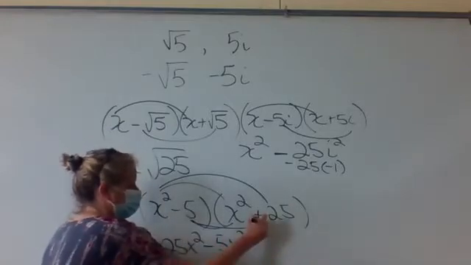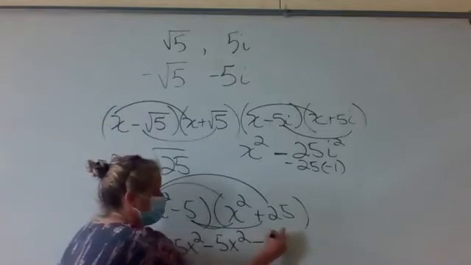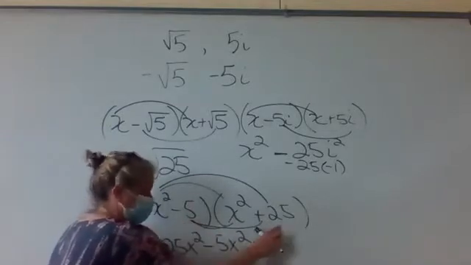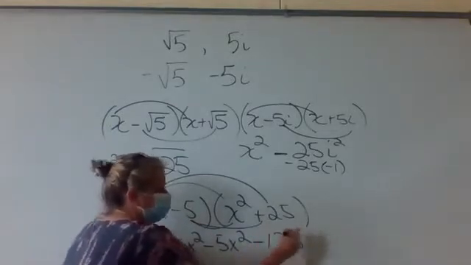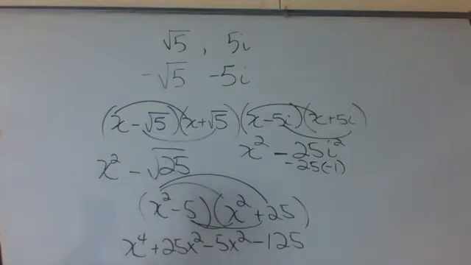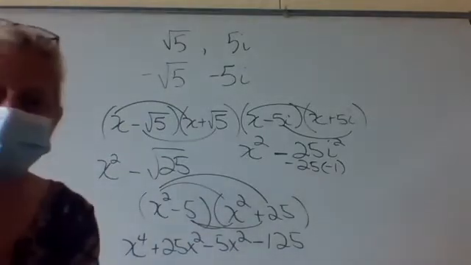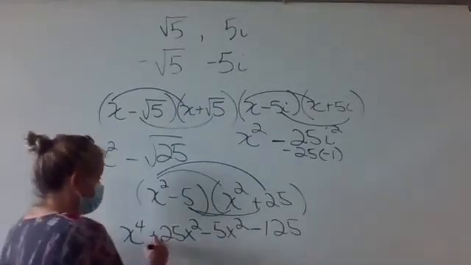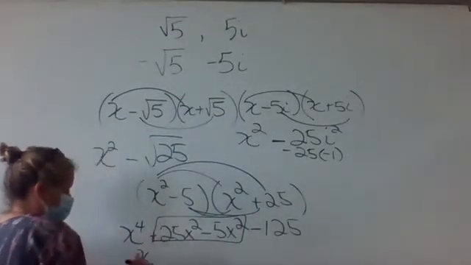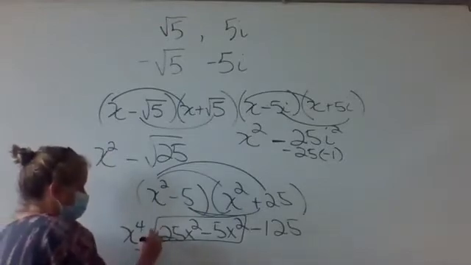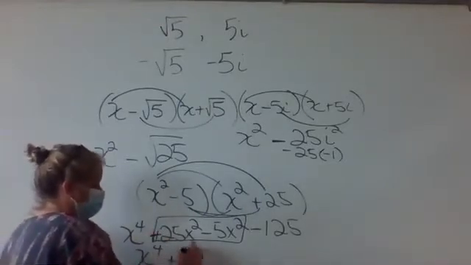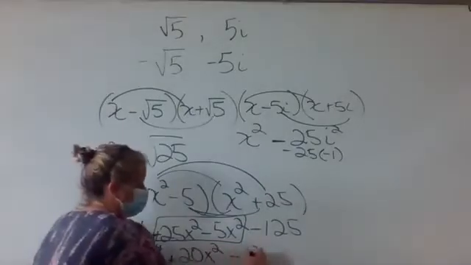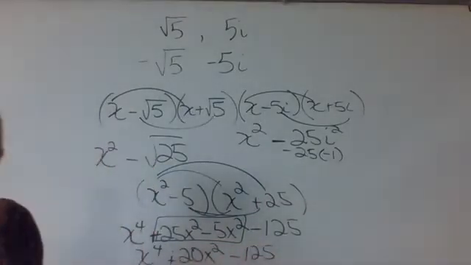And my last, negative 5 times positive 25 is negative 125. And then when you put your terms in the middle together, they're like terms, they're both x squared, you'll have x to the 4th plus 20x squared minus 125.